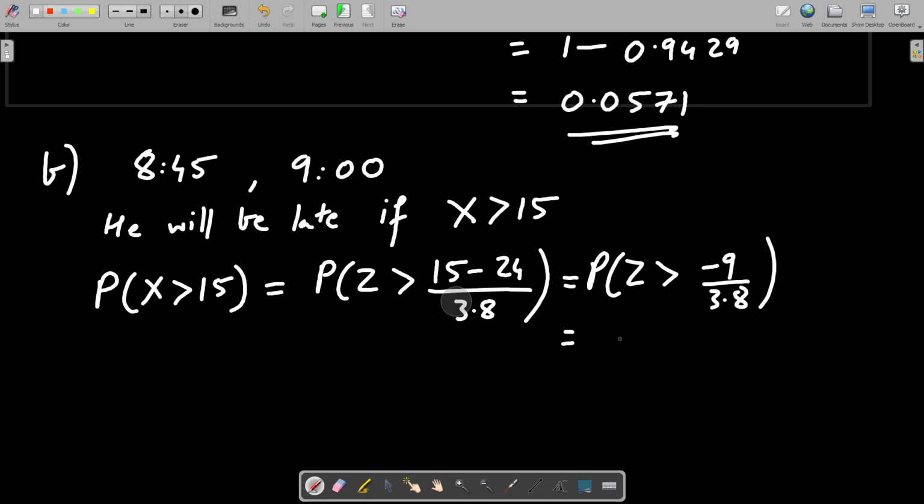That is 2.8, 3.8, 7.6. Probability of z greater than 2.4 something, minus.